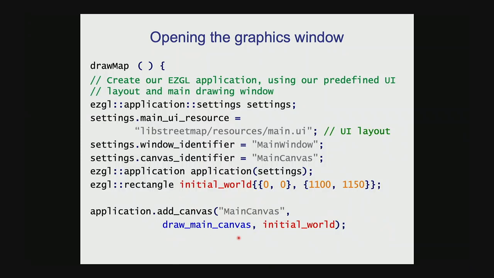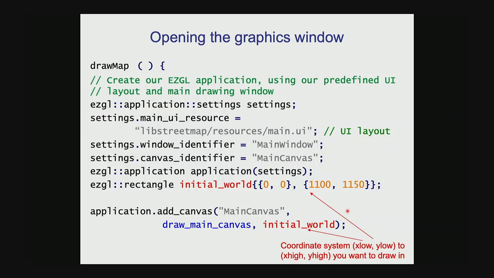In this case, we call this callback function draw main canvas. So we pass it to ECE297 along with the initial world coordinates that we specified. Okay, so far ECE297 doesn't know what it's going to draw. All it knows is that there is one draw function that it will call over and over again, and this is called draw main canvas. Any questions so far?